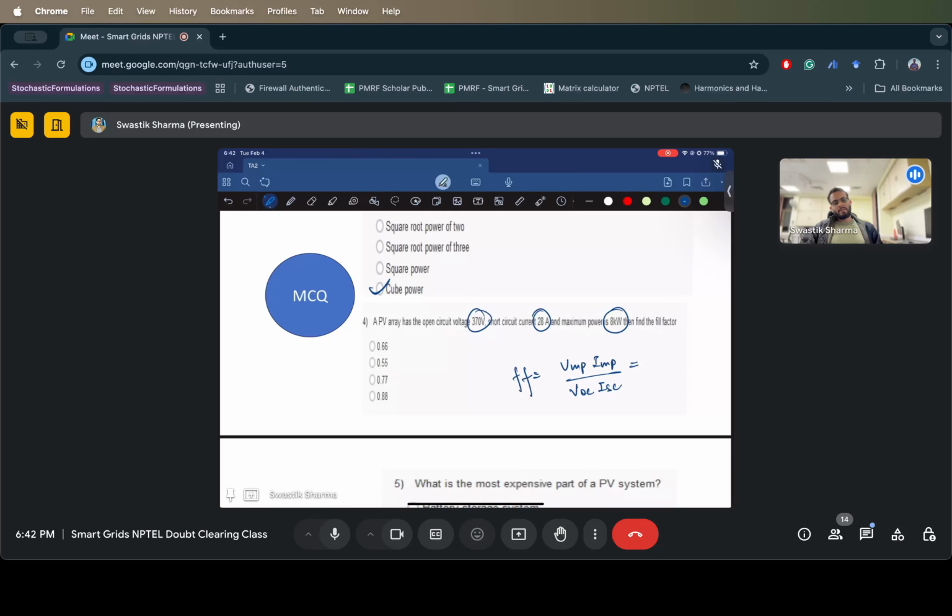So the maximum power PMP, what is it? VMP times IMP, right? That is what the maximum power is, and it's given to be 8,000 watts. And you know VOC, you know ISC, just put it into this formula, which is 8,000 by 370 into 28. Just do this calculation for me.